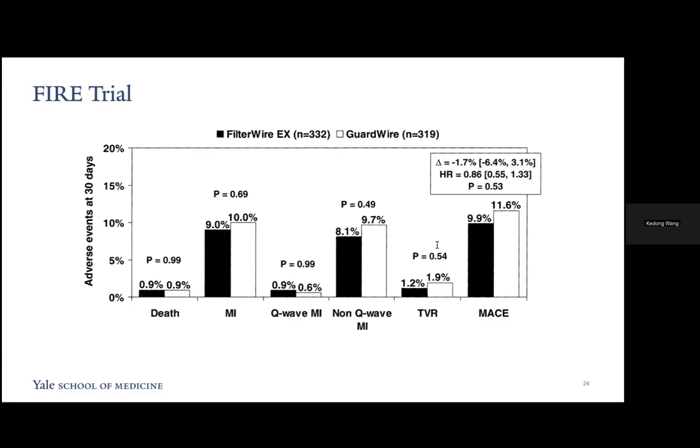So subsequent trials have basically been non-inferiority trials comparing themselves with the GuardWire. This is the FIRE trial, which showed the effectiveness of the FilterWire, and across all endpoints they looked at, there was no statistically significant difference between the FilterWire and the GuardWire, thus demonstrating non-inferiority of the FilterWire.